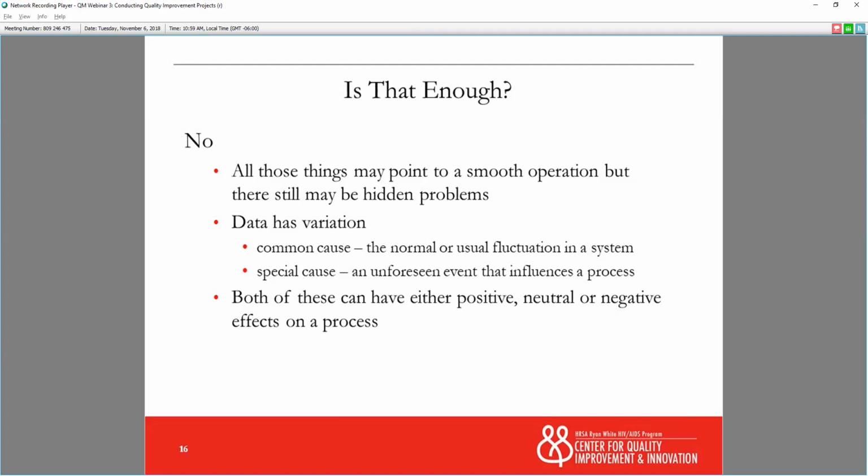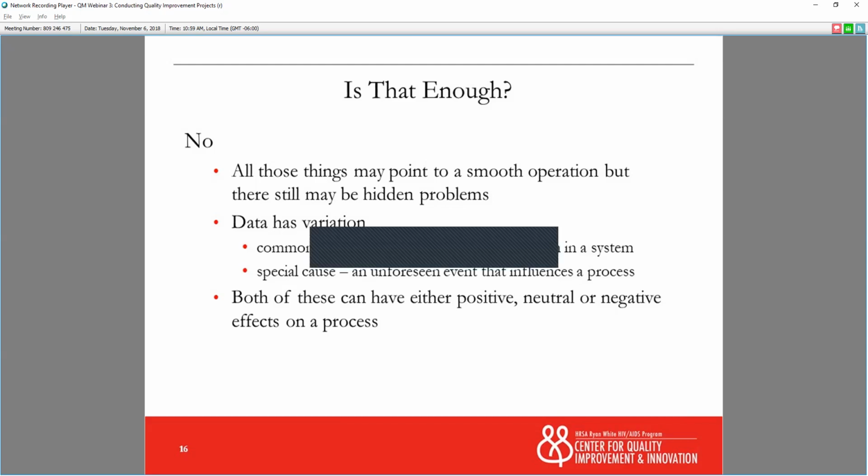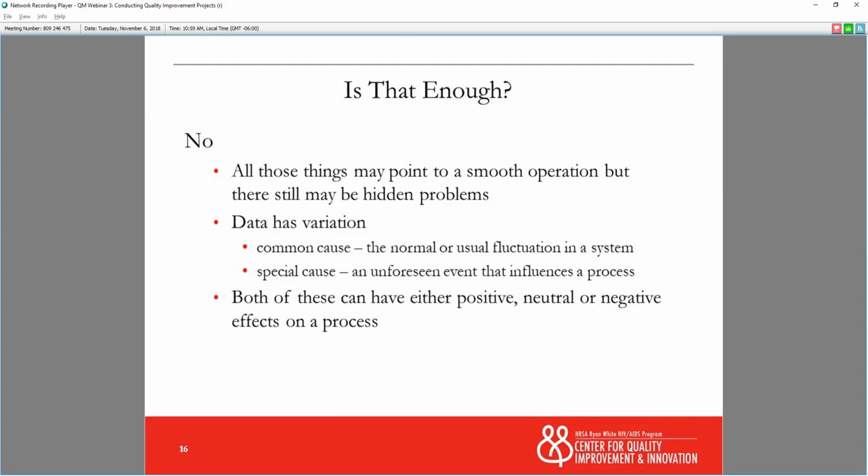So variation is kind of, for lack of a better term, the noise within a system, right? If you look at a run chart, and it's an 18-month run chart, and it's your clinic's viral load suppression. And let's say the results are somewhere between 80 and 87.